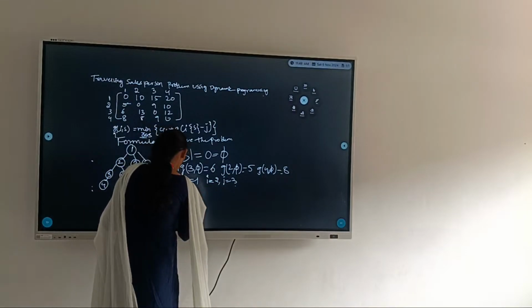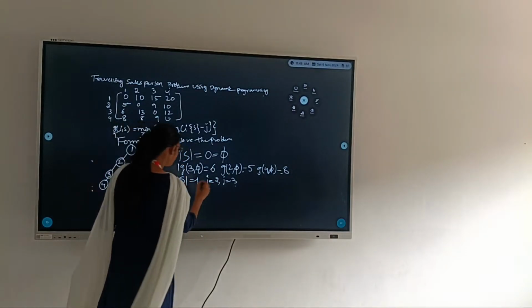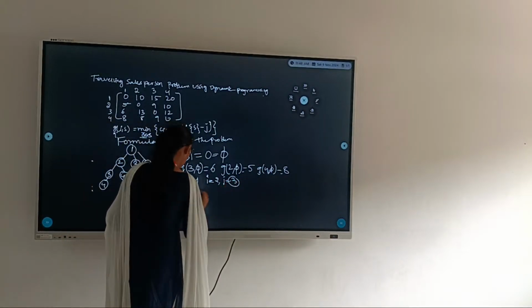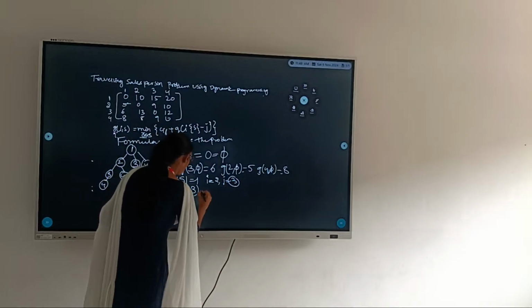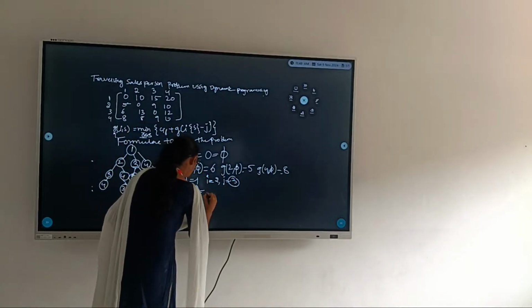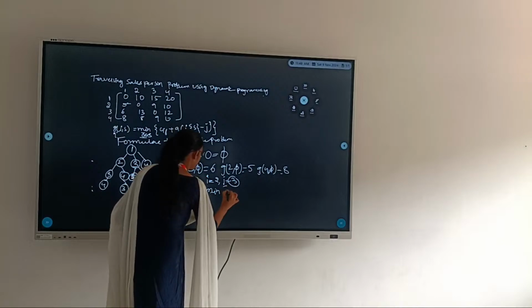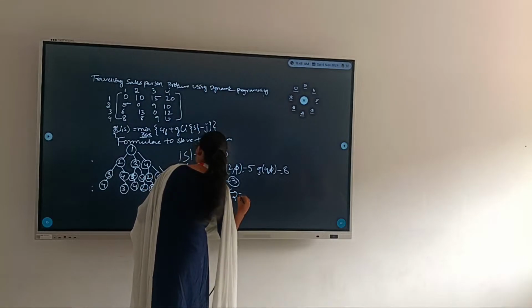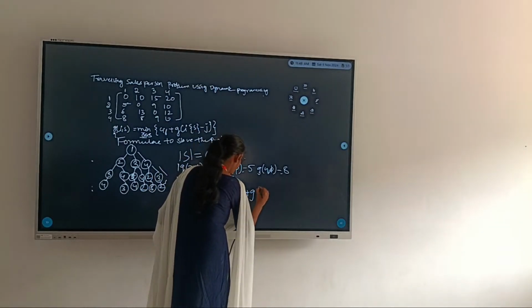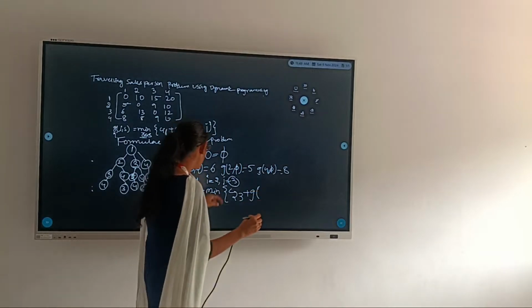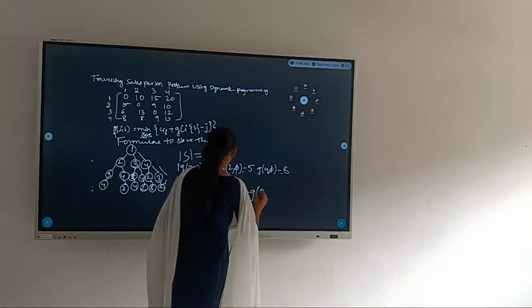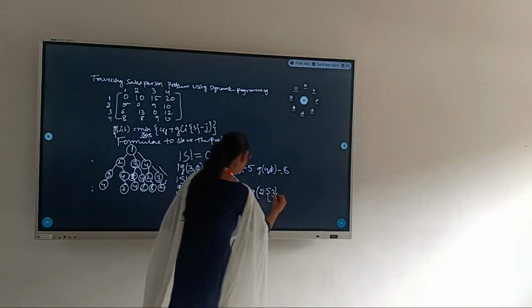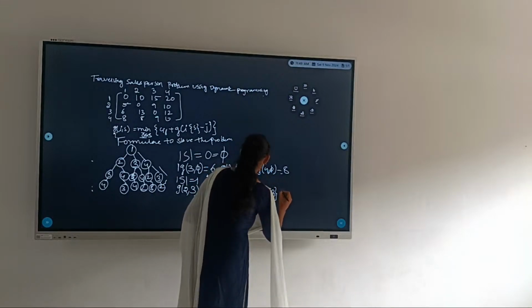So G of I is equal to 2, S is equal to 3. So consider I is equal to 2, J is equal to 3, and G of I is equal to 2 and S is equal to 3 minus J.